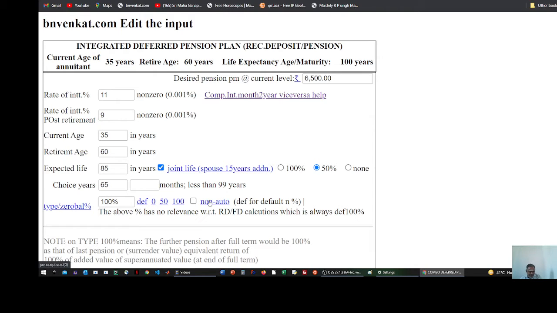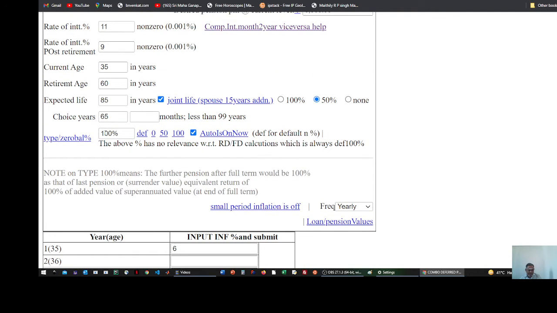Let us select it as auto. Now auto is on. With auto on, the growth will be automatically calculated. Presently it shows some default 100%, which will be overridden by the auto calculation.